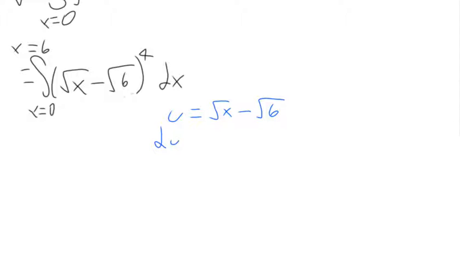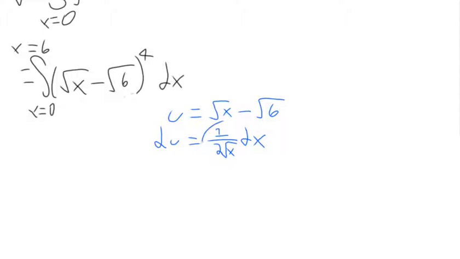So du equals the derivative of square root of x. The square root of x is like saying x to the 1/2 power. So you put the 1/2 to the front, you get 1/2. And then you have x, you have to subtract 1 from the power. So now you have x to the negative 1/2, which I will put as the square root of x down in the denominator right here. And then the derivative of this constant is just 0, so I will just put down the dx right here.